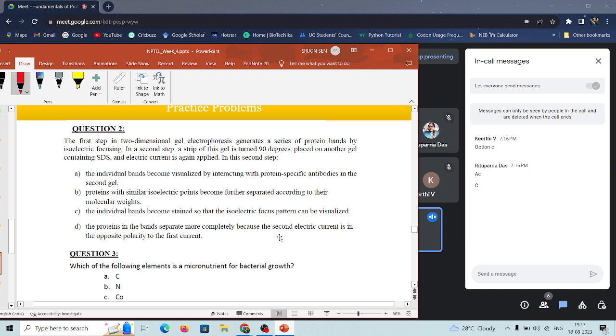The individual bands become visualized by interacting with protein-specific antibodies in the second gel. Proteins with similar isoelectric points become further separated according to their molecular weights. The individual bands become stained so that the isoelectric focusing pattern can be visualized. The proteins in the band separate more completely because the second electric current is in the opposite polarity to the first current. Now tell me what would be the answer of this.